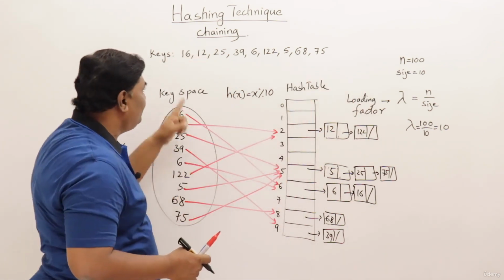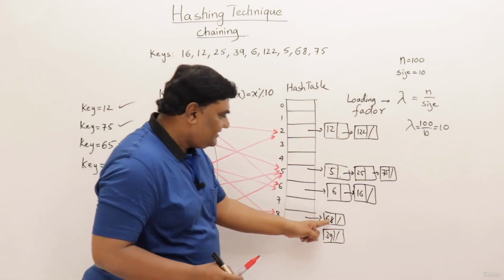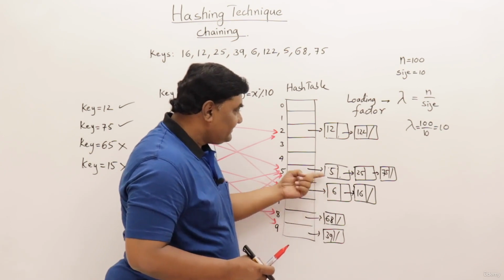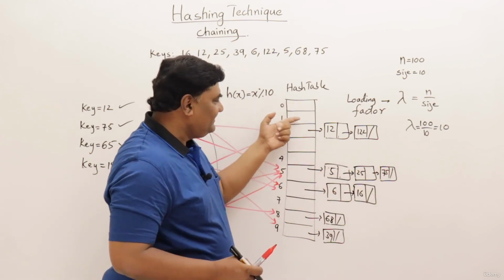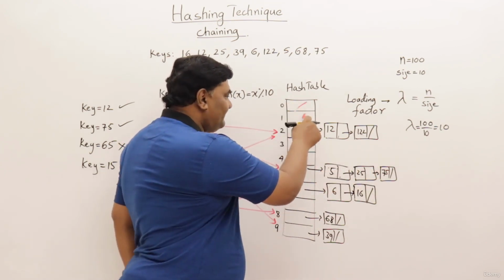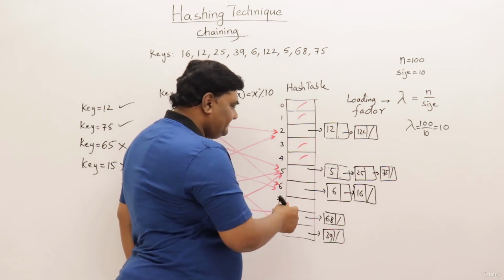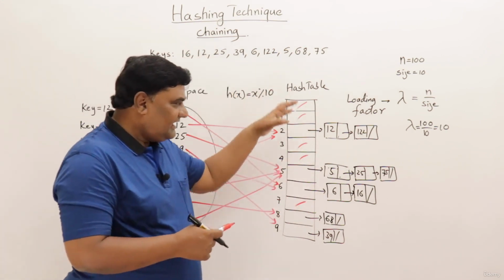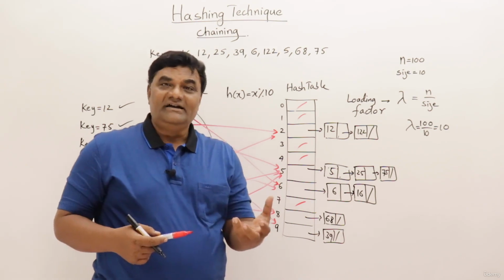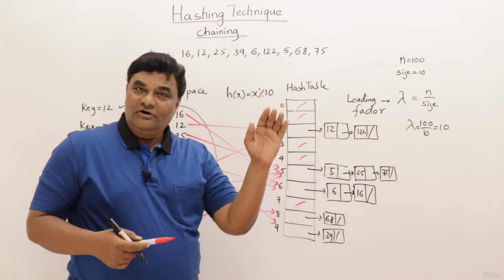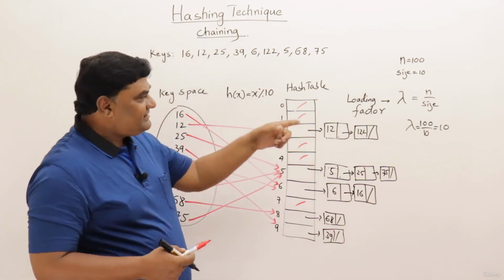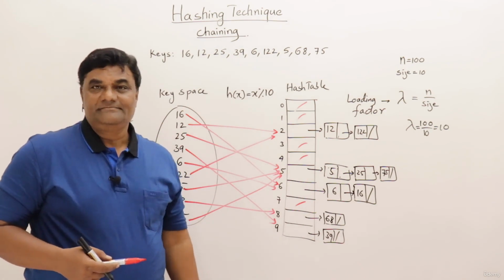If you observe in this example, one location has one element, another has two, this one has 3 elements, and these are still empty, still nulls. The reality is something else, but we are assuming that the keys are uniformly distributed. Now, based on this, we will do analysis.